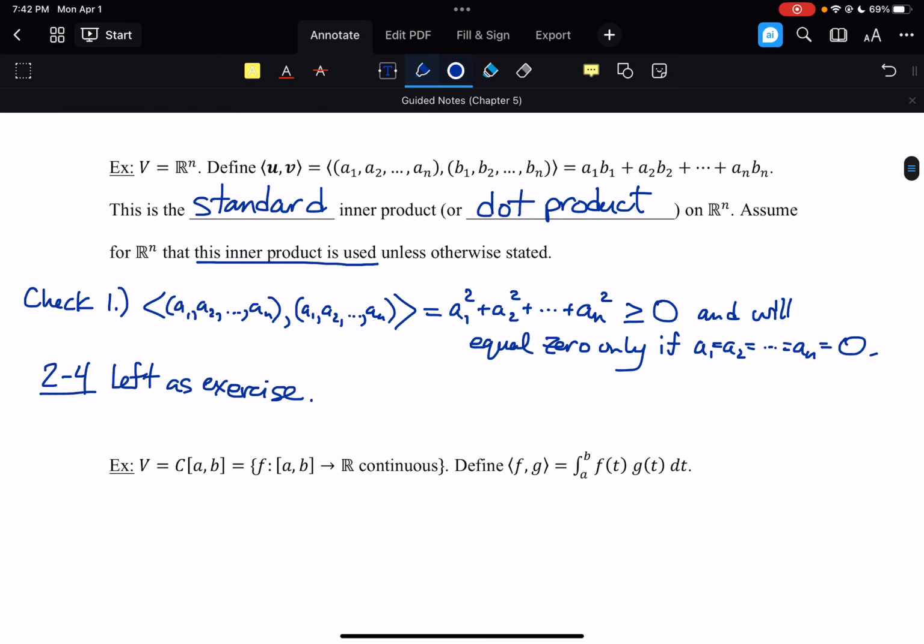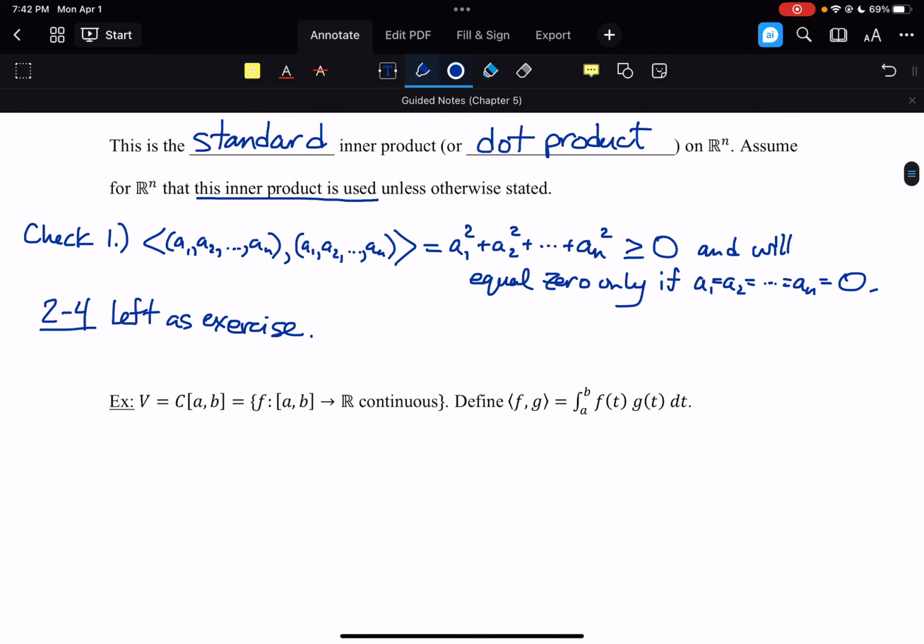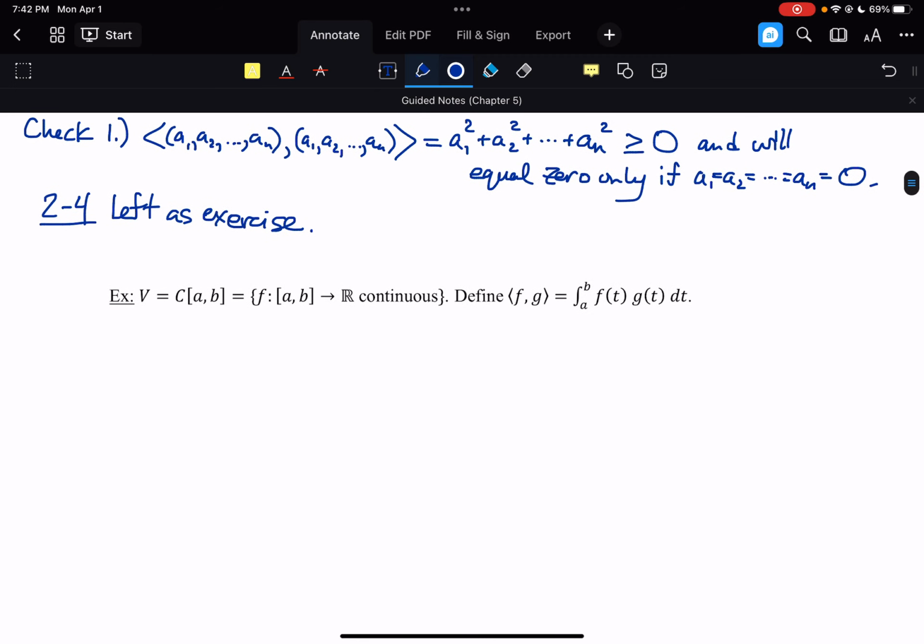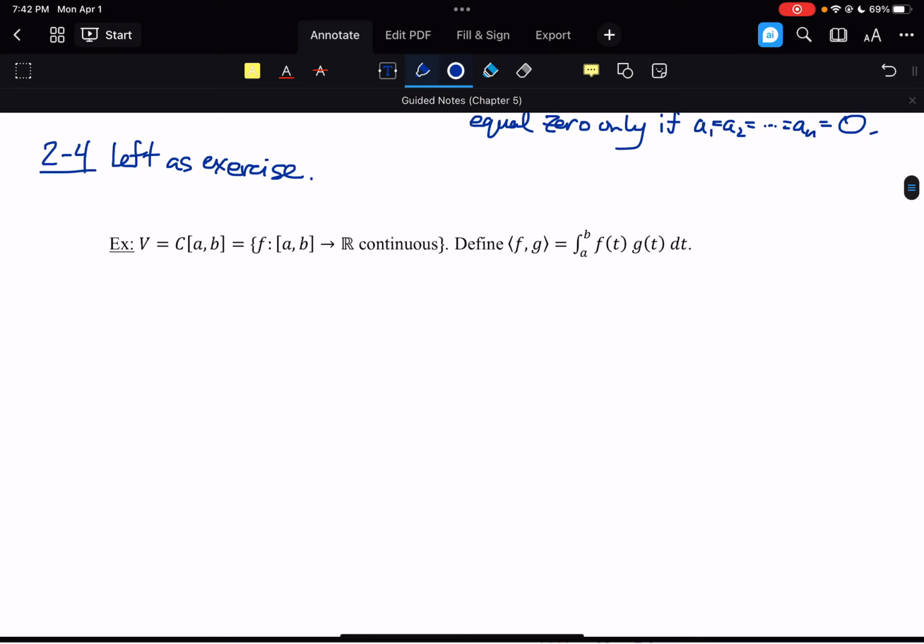Taking a look at a different type of vector and a different type of inner product, we have the vector space C, all continuous functions on the closed interval from a to b. So this is all functions f such that inputs on the interval from a to b produce real numbers, and these functions are continuous. The C represents continuous, the interval from a to b represents all inputs, and we output real numbers.